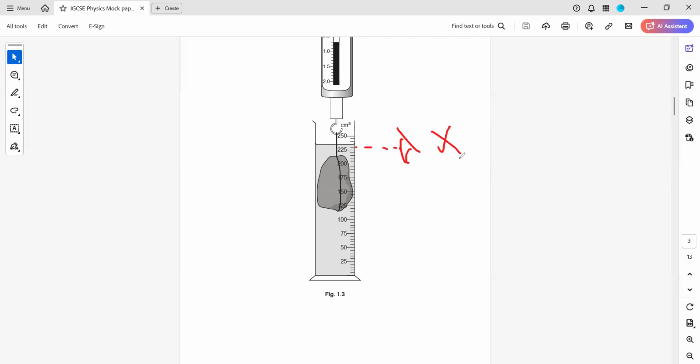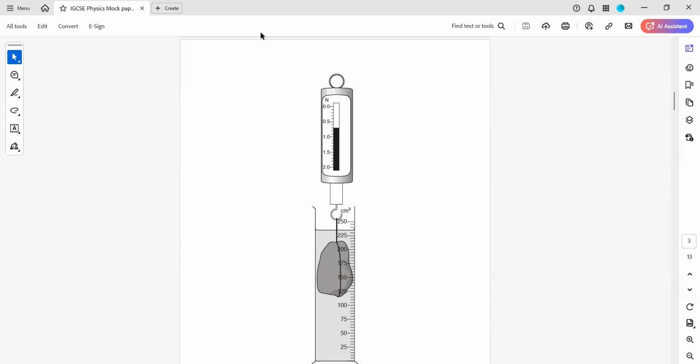You cannot say zero error in the spring balance, or that the spring balance might be deformed. That is not acceptable. That is what they mean: errors due to technique, like looking perpendicular to avoid parallax, or instruments are not there. Is it clear? That you cannot mention, the rest you can mention.